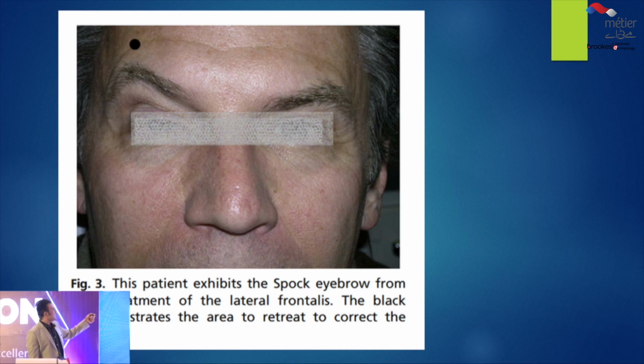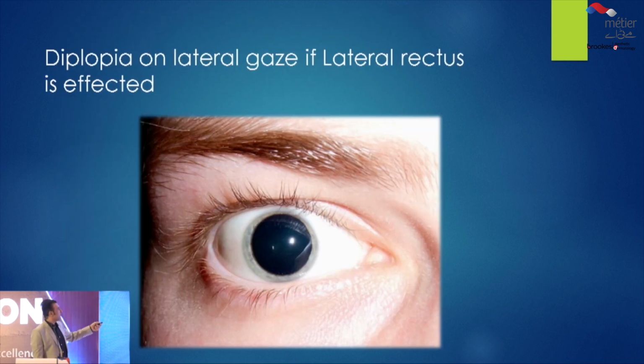In another patient, you can see a Spock brow. Spock is a character in Star Wars movies, and you can see this character here as well. It is due to little placement of botulinum toxin or undertreatment of the lateral brow, lateral forehead, on the right side. Similarly, diffusion into the rectus muscle may lead to diplopia in this case.